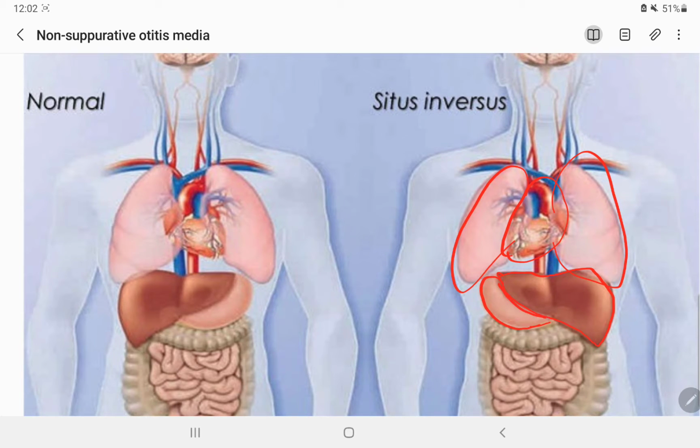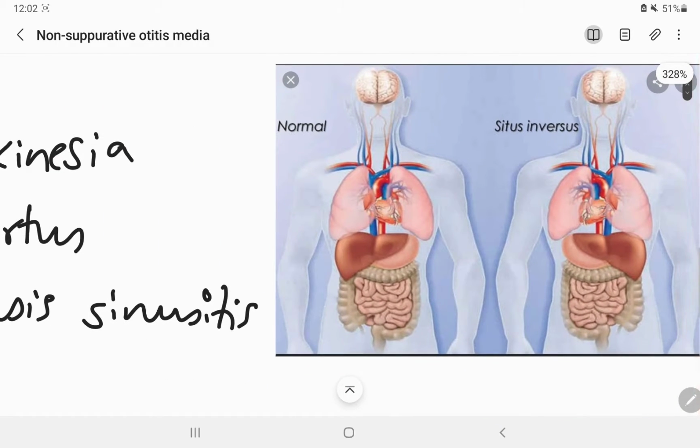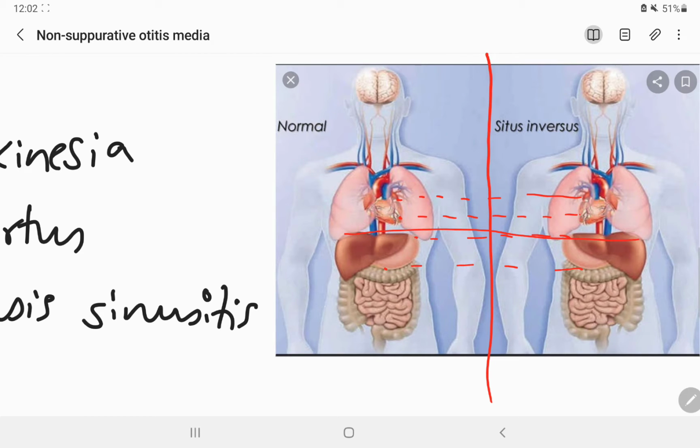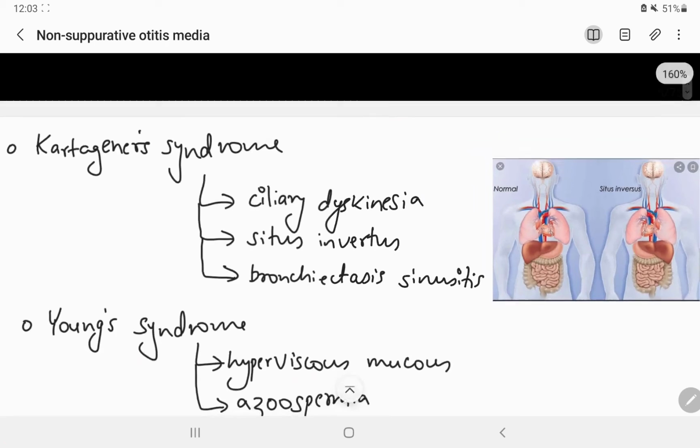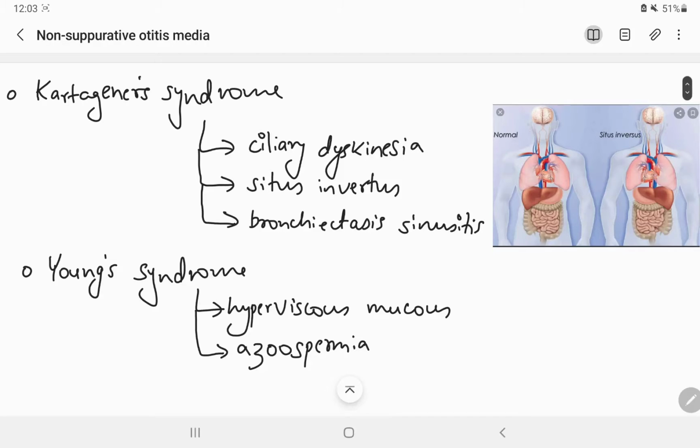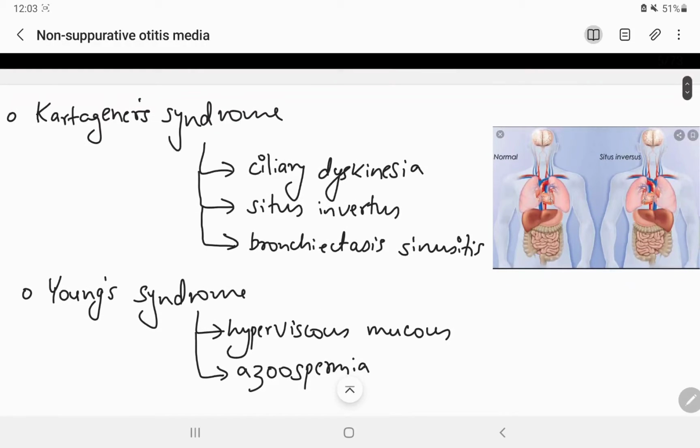The stomach is on the right, and the duodenum, jejunum, all that. It's like placing a mirror to your organs, right? Like an image formed just opposite. Your organs are not where they're supposed to be, they change location laterally. Okay, so that is situs inversus, which is also seen in Kartagener syndrome.